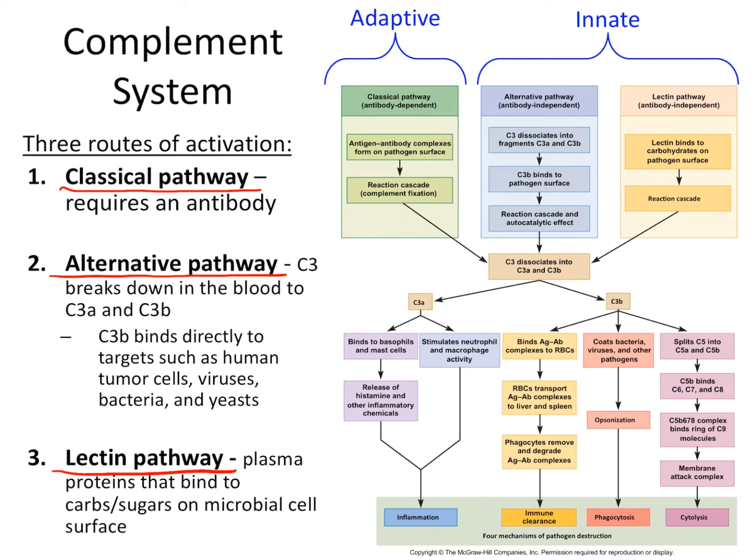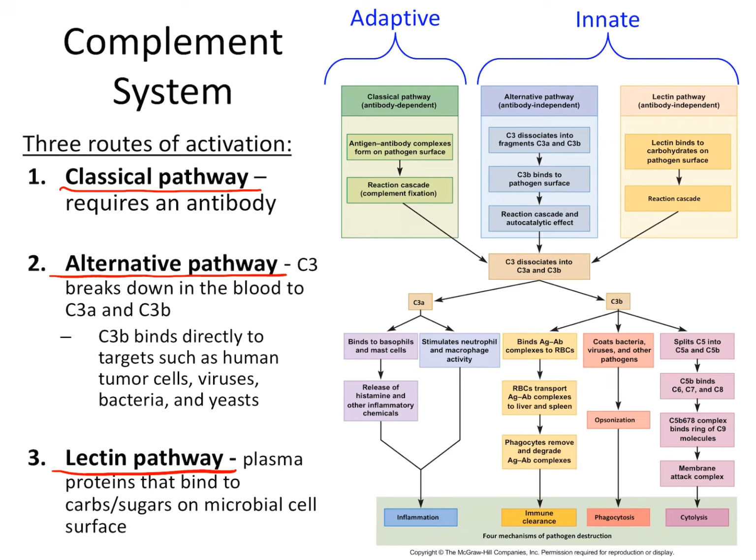Now, C3b can bind to a pathogen, and it's ultimately going to then trigger this cascade down here. Note that even though this happens spontaneously, C3b is not going to bind to our own cells because our cells are going to have inhibitors for this complement process.